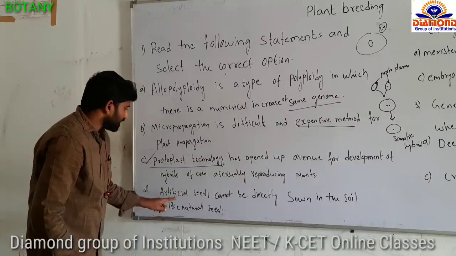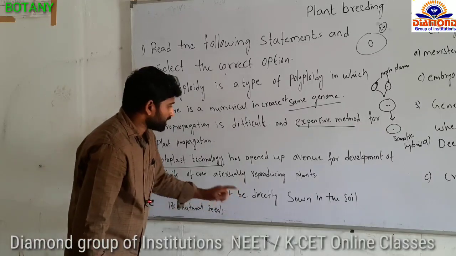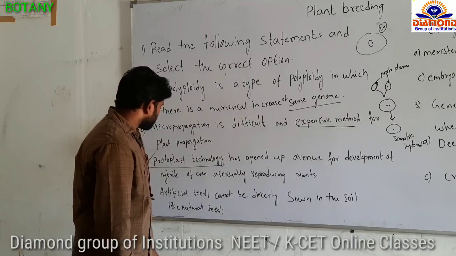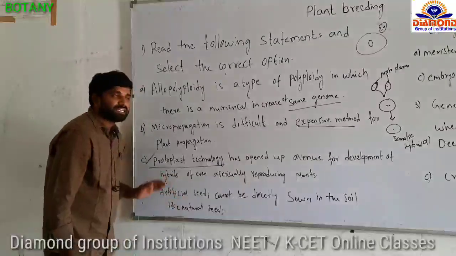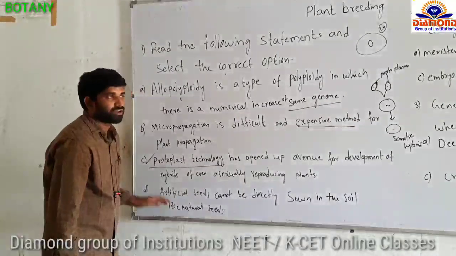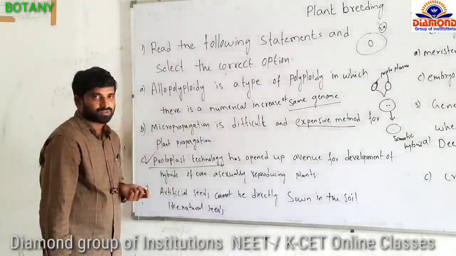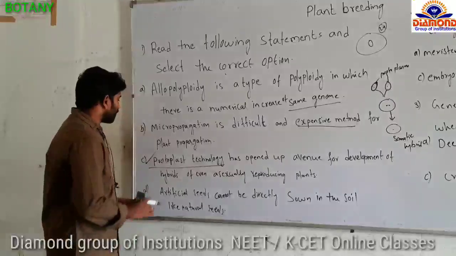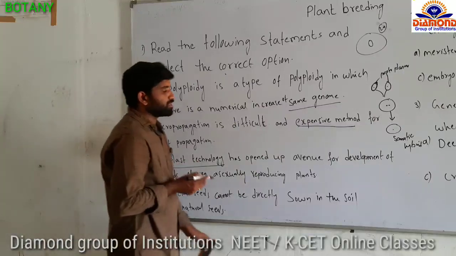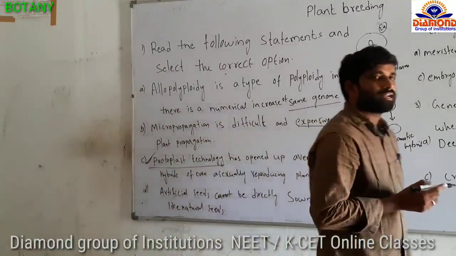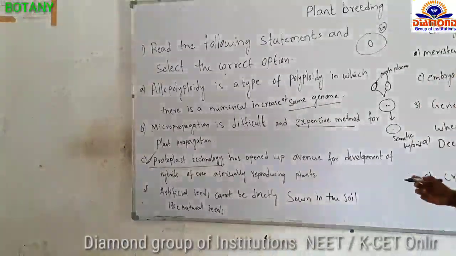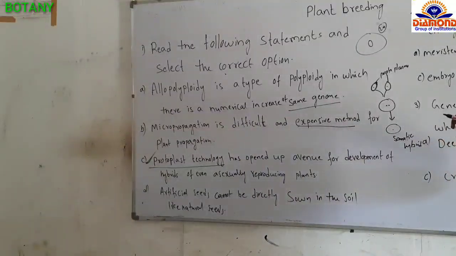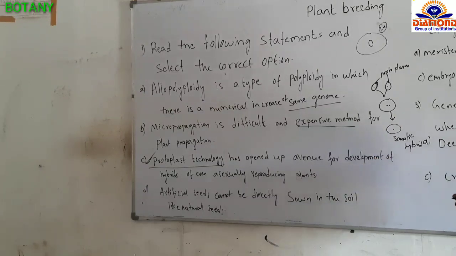Option D: artificial seeds cannot be directly sown in the soil like natural seeds. Artificial seeds can easily be sown directly in soil to produce new plantlets. So out of the four options, only option C is correct.